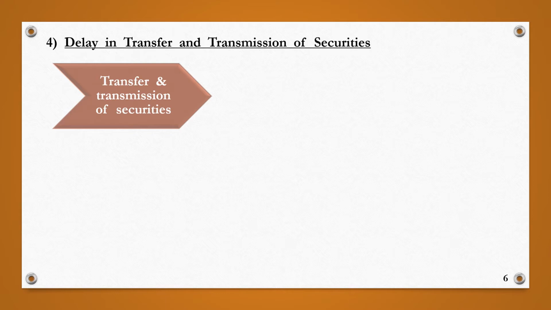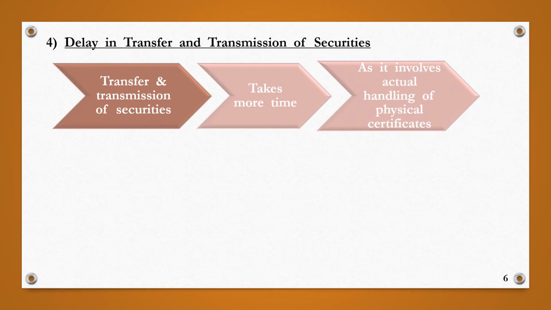On the other hand, transmission of shares means when transfer of shares takes place due to death, insolvency or insanity of a member by operation of law. Now, when this transfer and transmission of security takes place through physical mode, then obviously it will require more time as it involves actual handling of physical certificates.